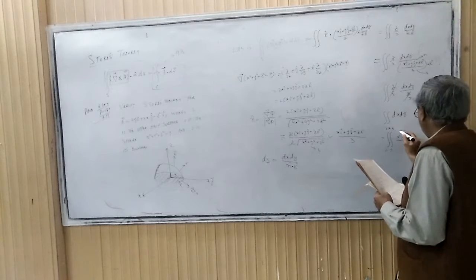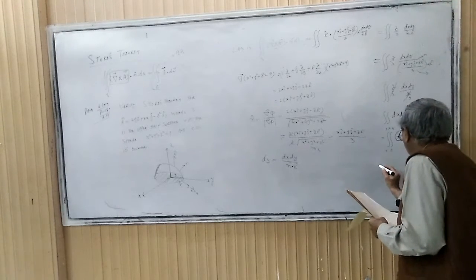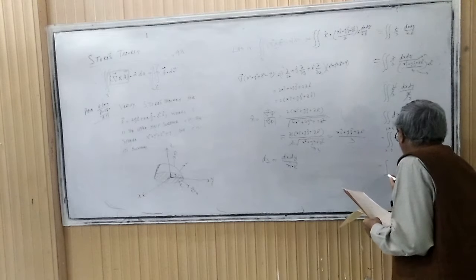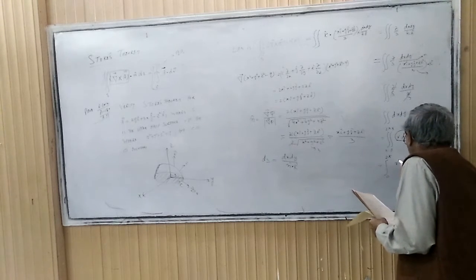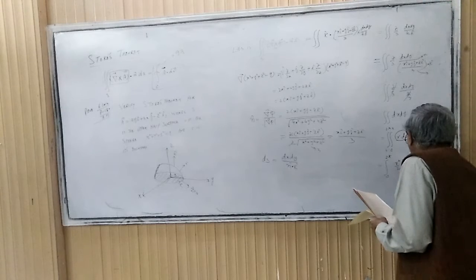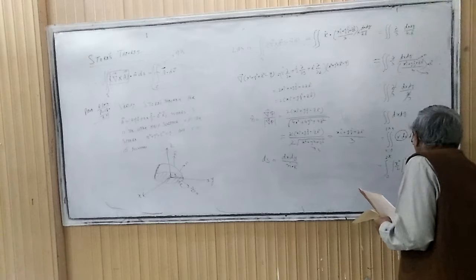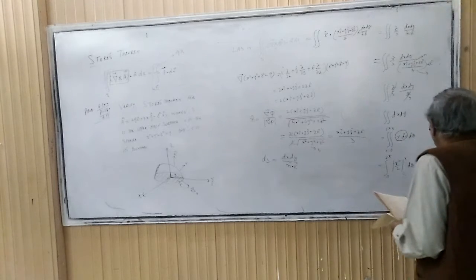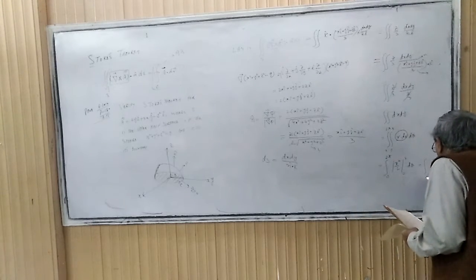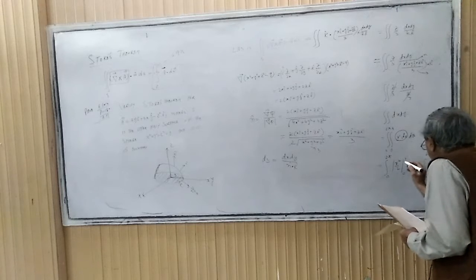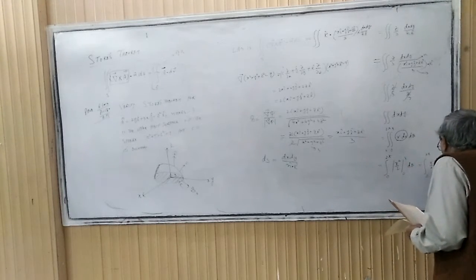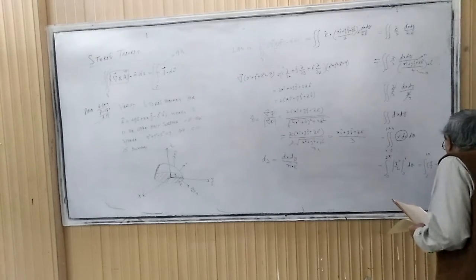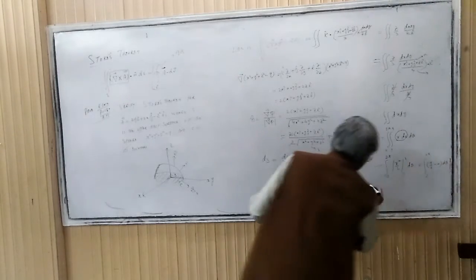So first integrate with respect to r. You will have 0 to 2 pi, and the integral of r is r square over 2, from 0 to 3, d theta, which is equal to the integral from 0 to 2 pi of 9 over 2 minus 0 d theta.